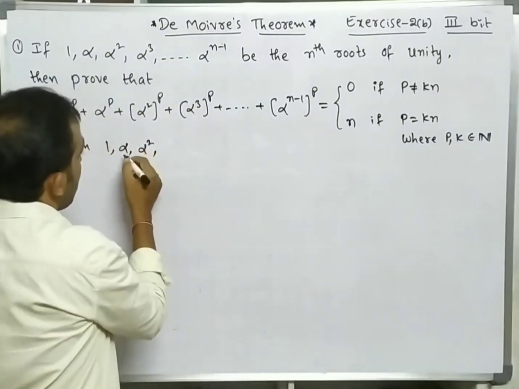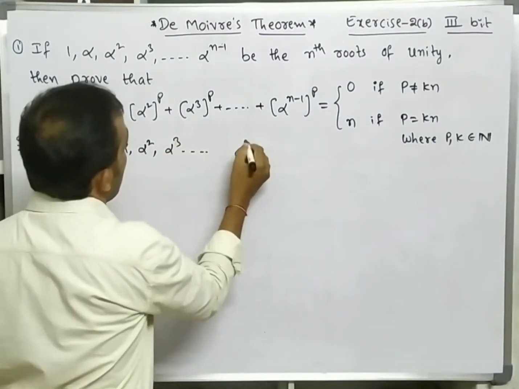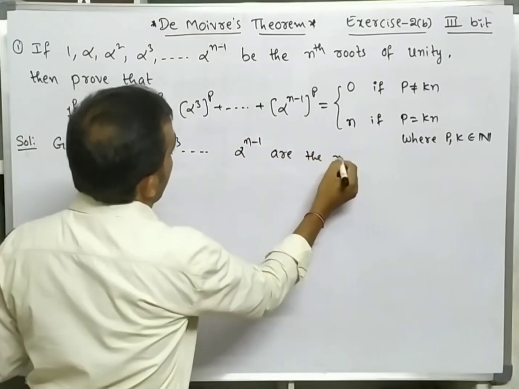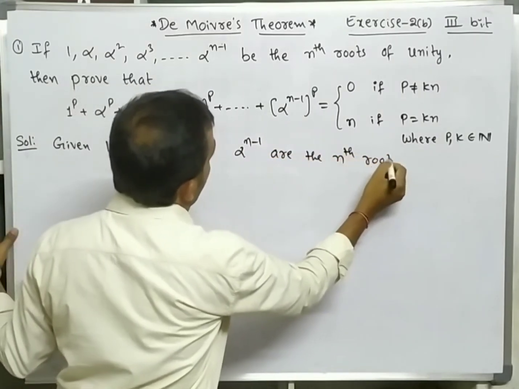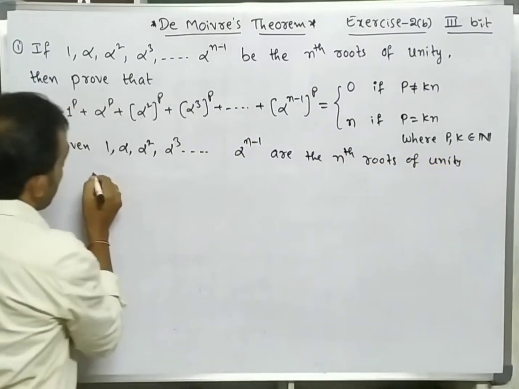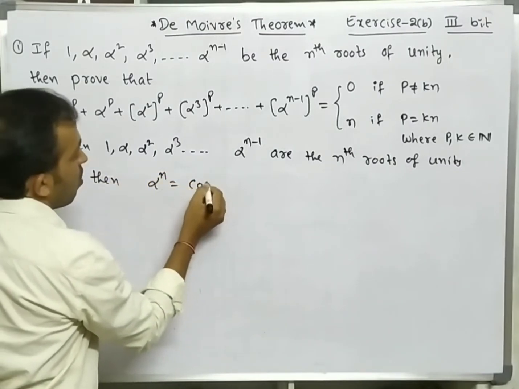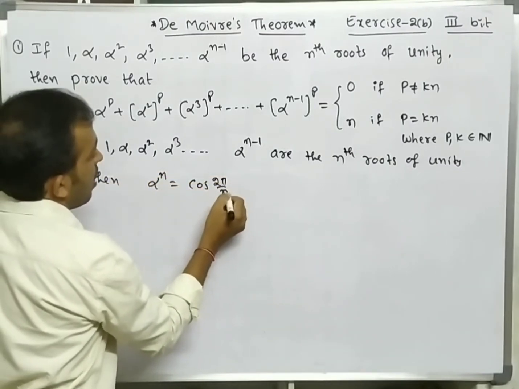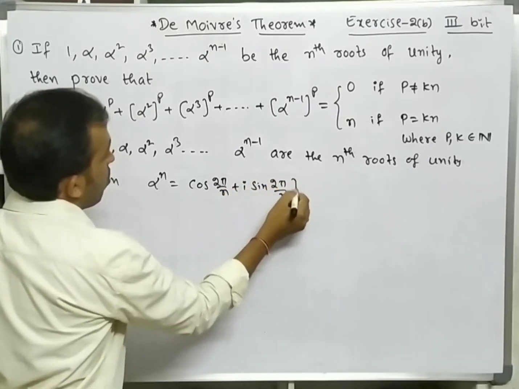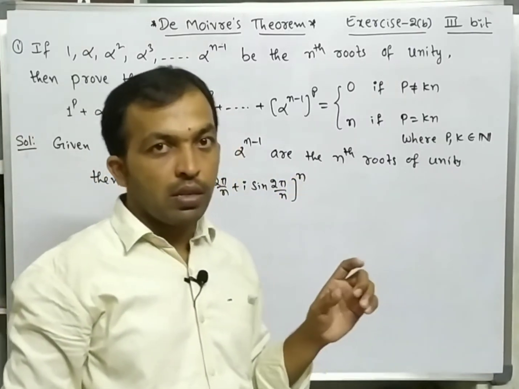So here, in place of omega, we have alpha, alpha square, alpha cube, and so on, alpha power n minus 1 are the nth roots of unity. Then clearly alpha power n is equal to cos 2 pi by n plus i sin 2 pi by n, whole to the power of n.